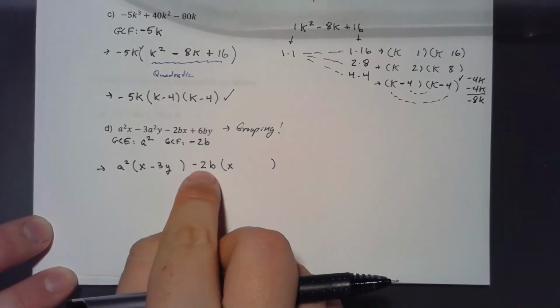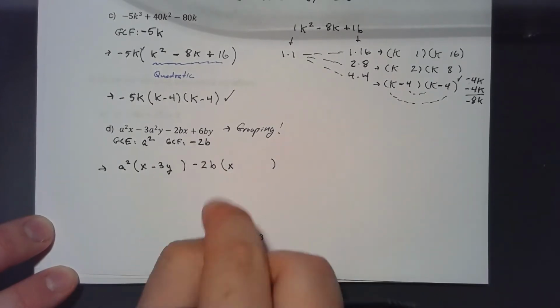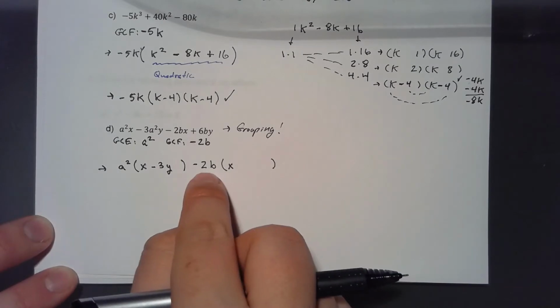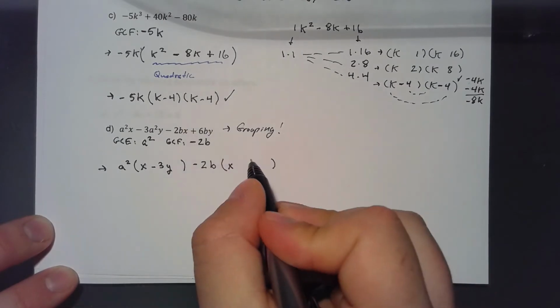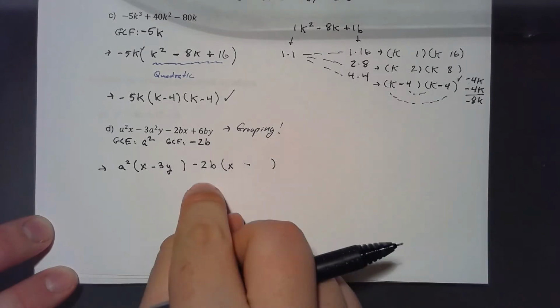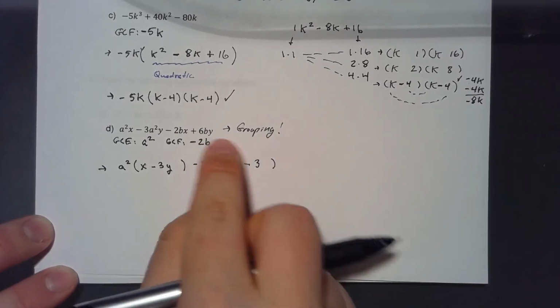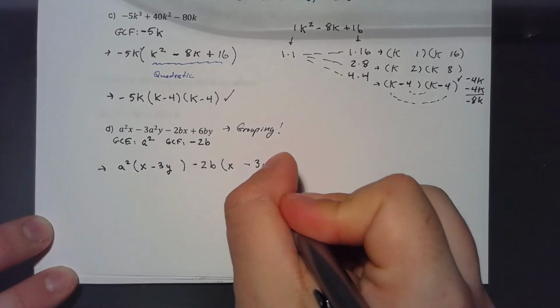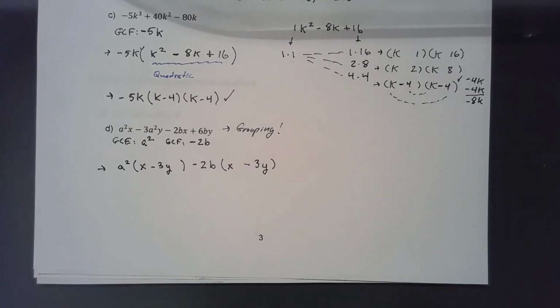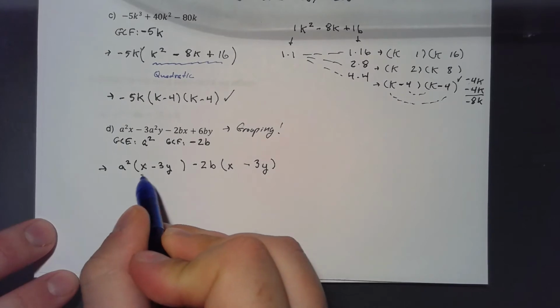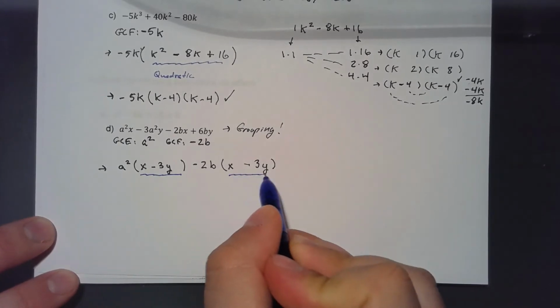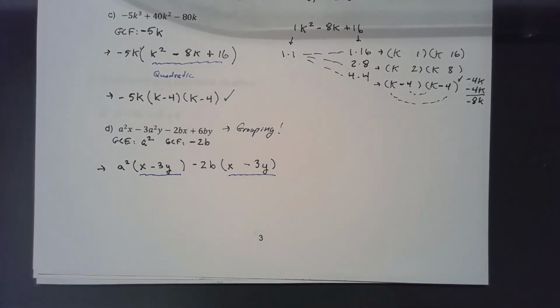If you distribute this with this, you'll get that. So that's how you check it. A negative out of a positive is another negative. 2 out of 6 is 3. And there's just a y. So hey, look at that. Now I can see that this binomial, x minus 3y, is the GCF.